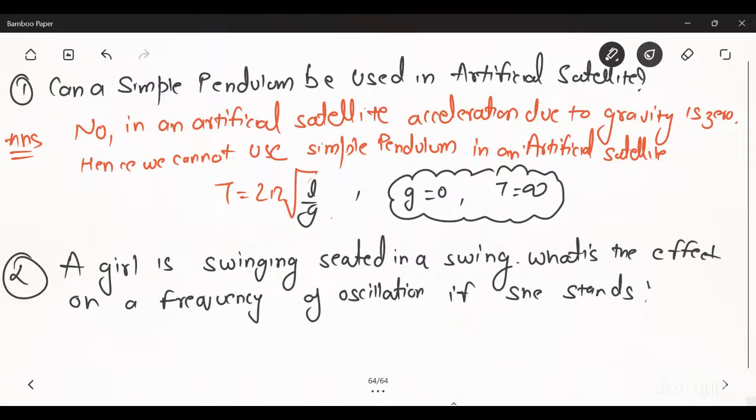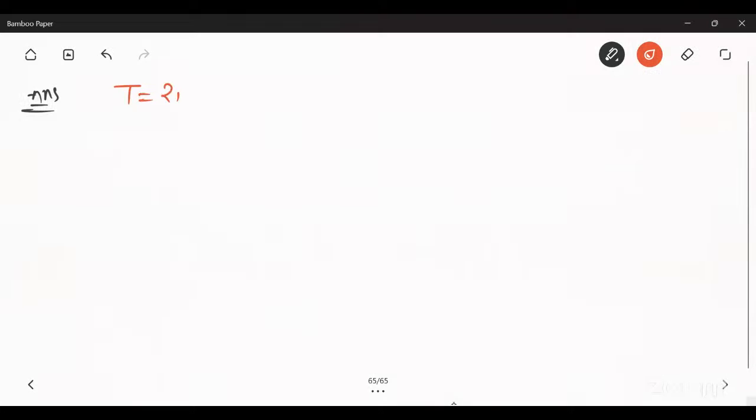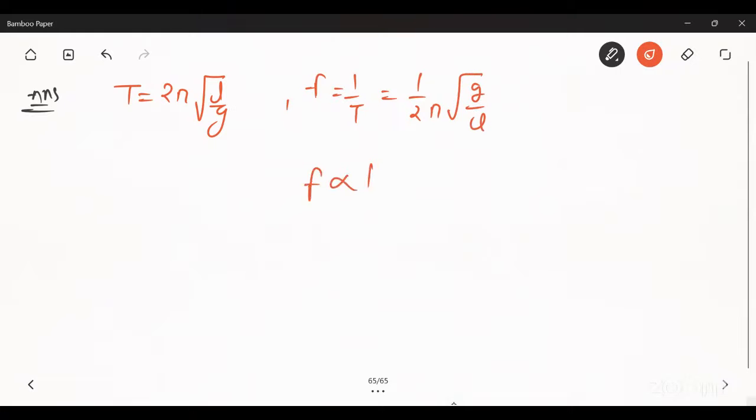Now we know that the time period of the simple pendulum is T equals 2 pi under root L upon G. Frequency is 1 upon time period, so the frequency will be 1 upon 2 pi under root G by L, which means frequency is inversely proportional to length.